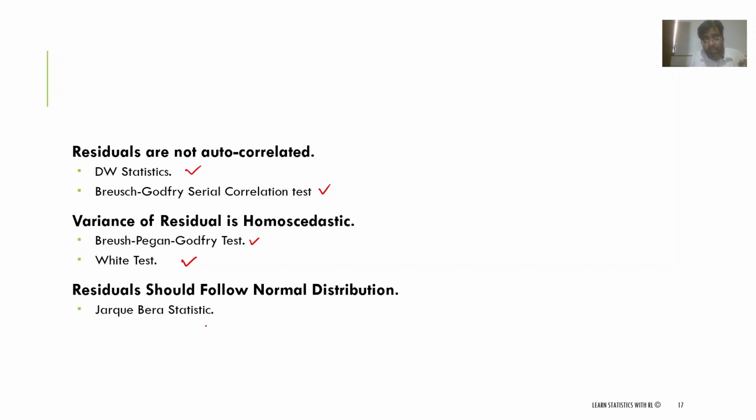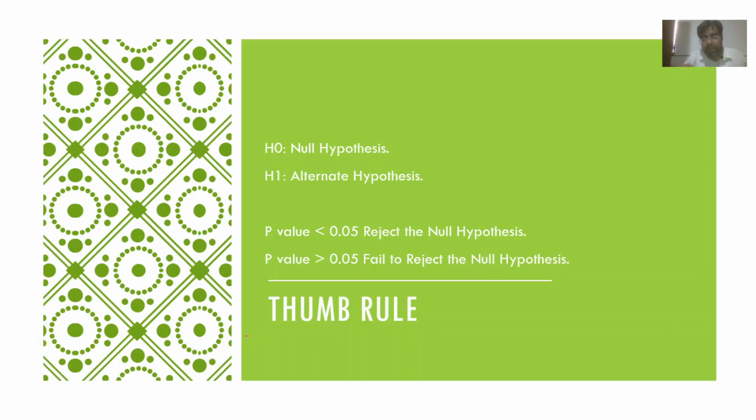And the Jarque-Bera statistic is applied to see whether your residuals are normally distributed or not. If these conditions are there, your model is good. So let's see one by one, but yes, this is my guru mantra.